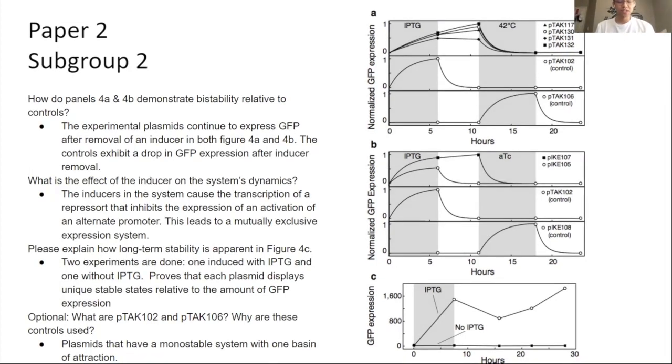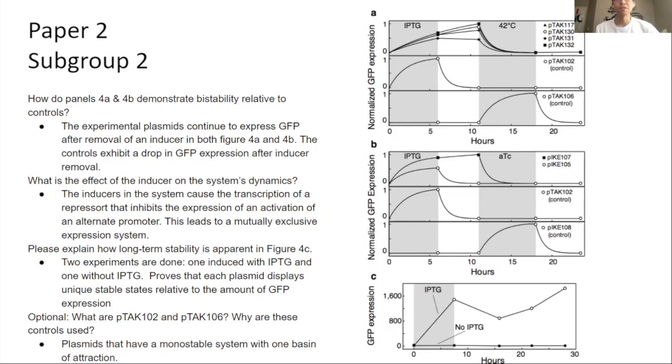So my question was for 4C. My question was, please explain how long-term stability is apparent. And as we can see in 4C, it really drives home the idea of bistability between the low GFP state and the high GFP state. In this graph, the x-axis represents time in hours, and the y-axis represents the levels of GFP expression.